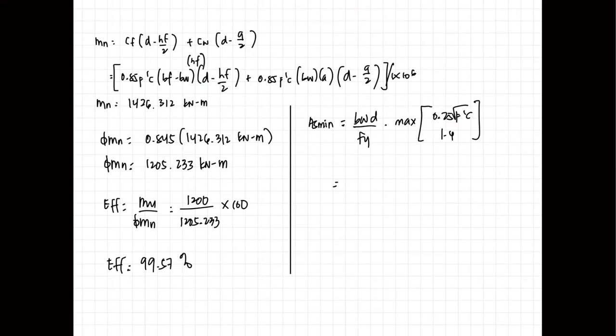So that is 375, 600, 420 times 1.4. That is 750 mm squared. AS min is less than dun sa AS provided natin. Therefore, okay. So, use 8 pieces na diameter 32 mm.